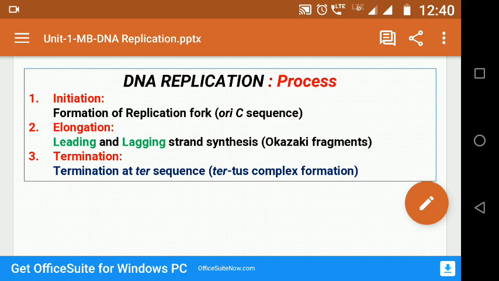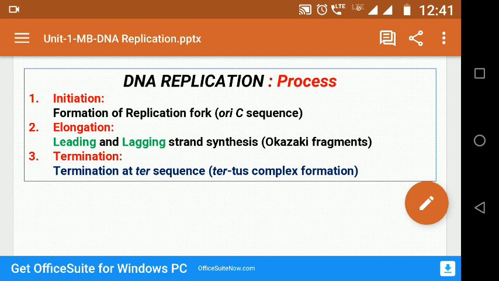So one strand is called the leading strand, where the new strand will be synthesized continuously, and the other strand is known as the lagging strand, where the new DNA molecule is not synthesized in a continuous fashion, it is synthesized discontinuously.